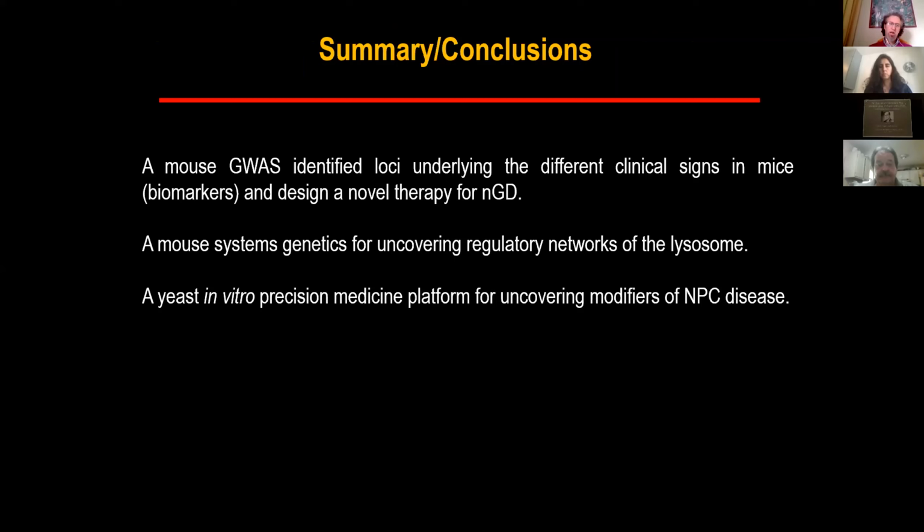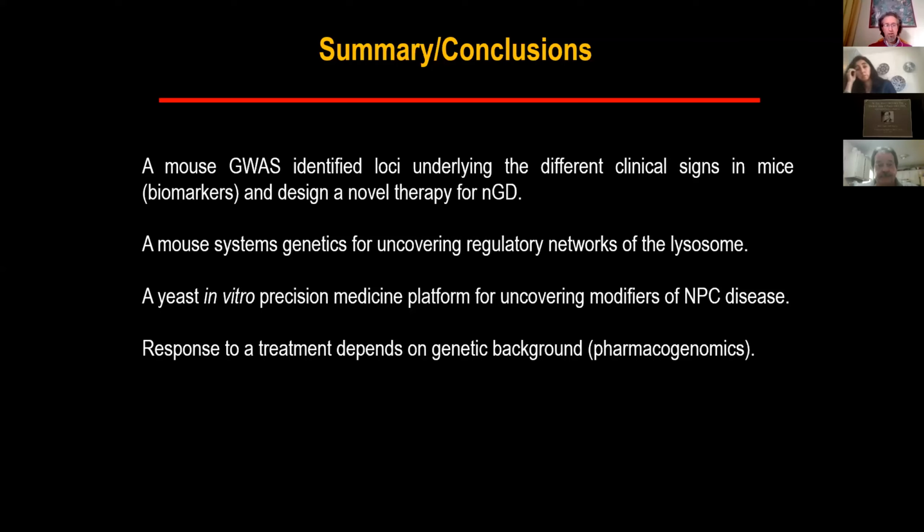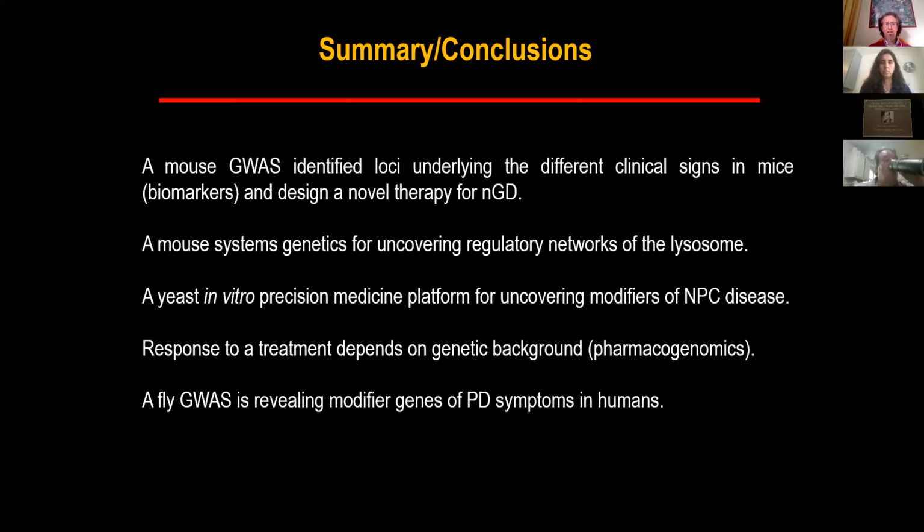I showed you a yeast in vitro precision medicine platform for uncovering modifier genes, which can also be used for pharmacogenomics. I showed you that the response to a treatment, in this case rapamycin in NPC, was genetic background dependent. And at the end, I told you a bit about a fly GWAS that we're running, which is revealing modifier genes of PD symptoms in humans.